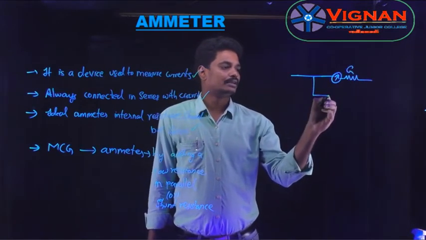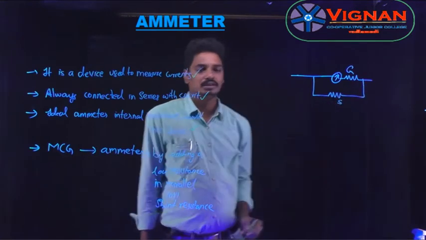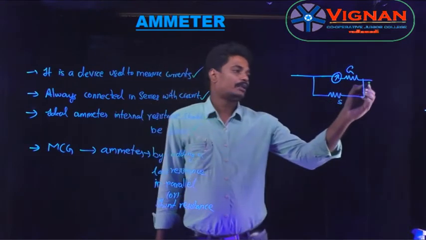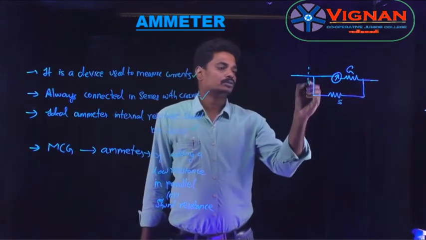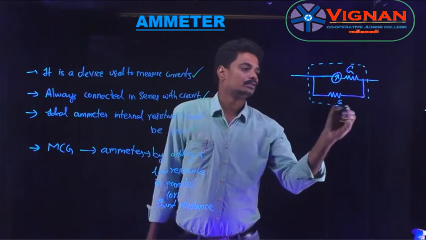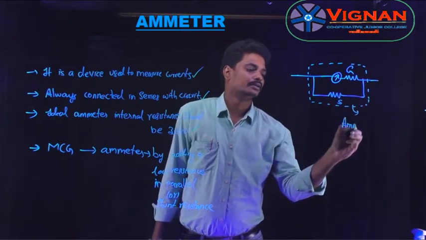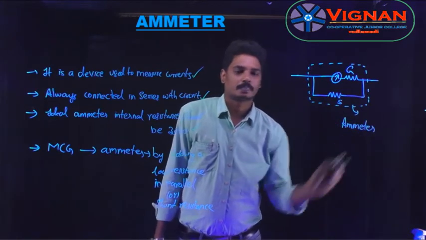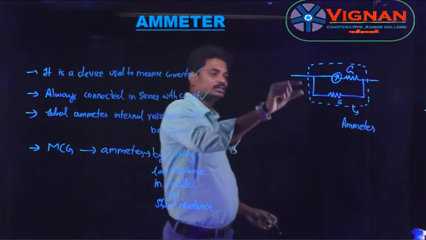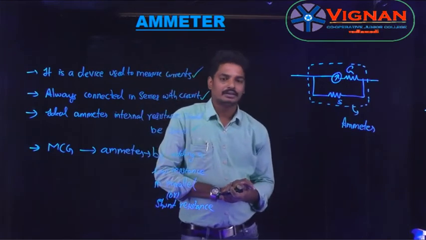Now by connecting a low resistance in parallel, let S be the shunt resistance or the low resistance which is connected in parallel with the galvanometer, this total gives the ammeter. It is nothing but an ammeter. So by connecting a small resistance in parallel to the galvanometer, we call it an ammeter.